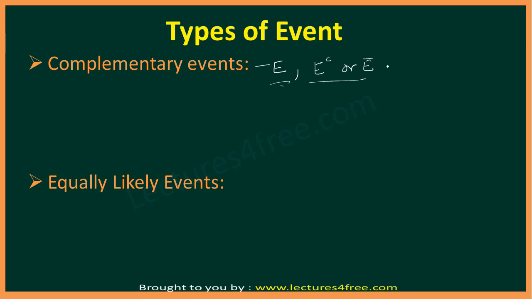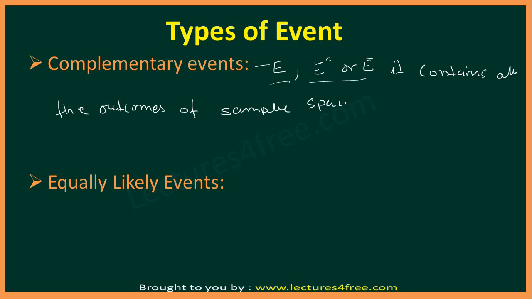It contains all the outcomes of sample space that are not in E. Means, let's suppose our experiment is rolling a dice.